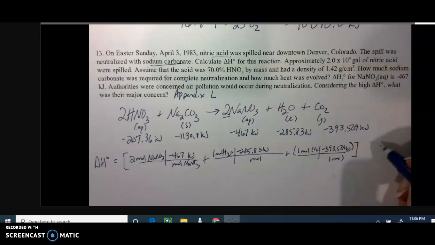Okay, so that's my products minus the summation of the heats of my reactants, excuse me.